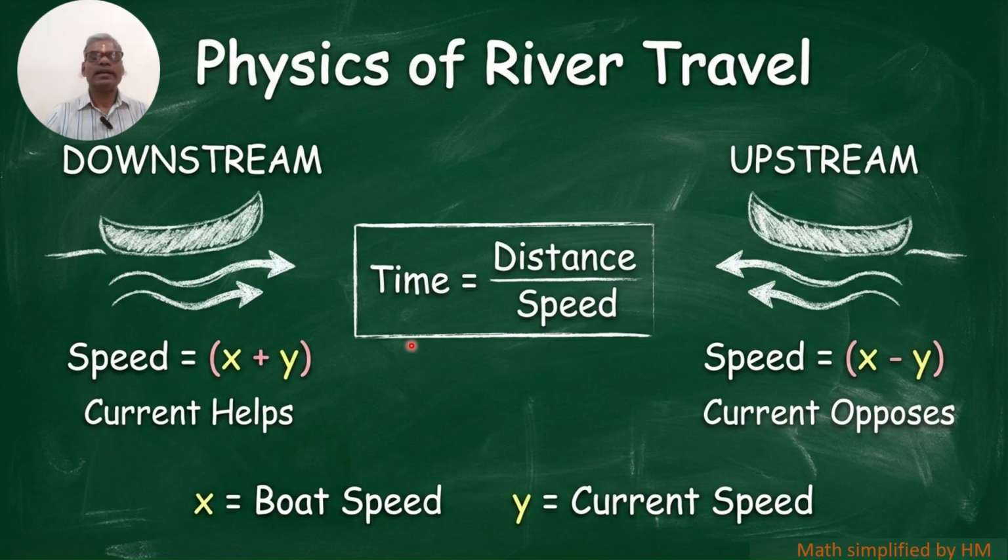We know that time is equal to distance upon speed. So we are going to use this formula to transform this problem into linear simultaneous equations. Here we have taken x as the boat speed and y as the current speed.